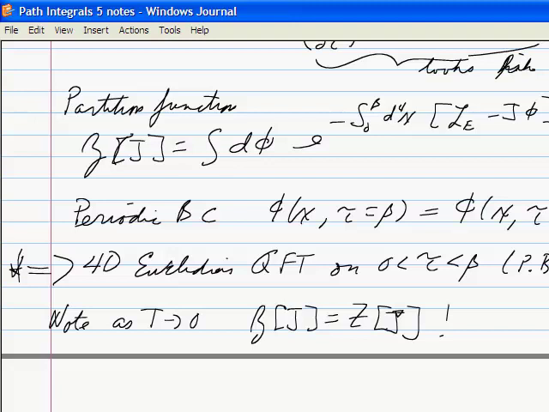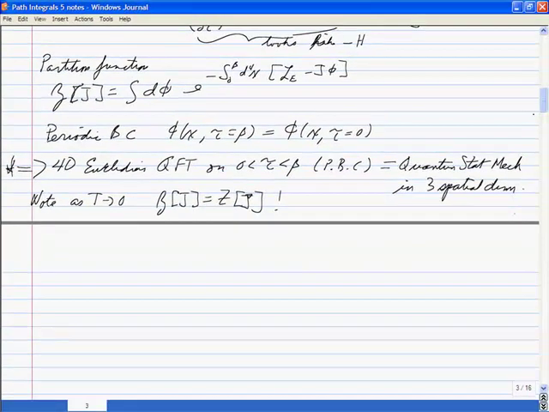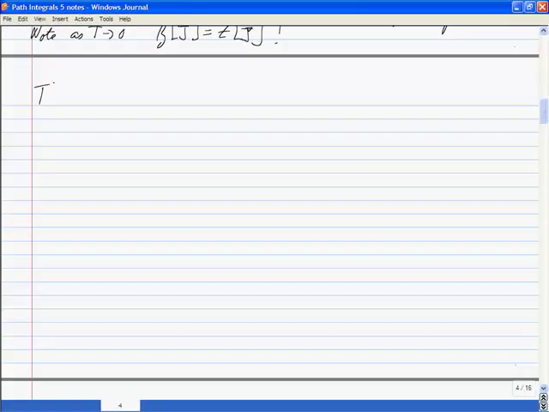You get an infinite time interval, and you end up back with the ground state. So that's almost all of it. Basically, I mean, it's not really almost all of it, but it's the foundations. But the one thing I do want to tell you about is the propagator.